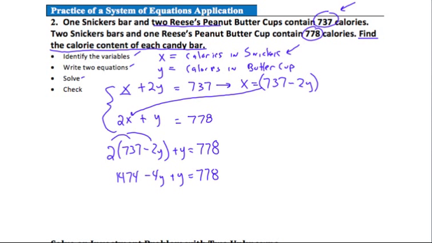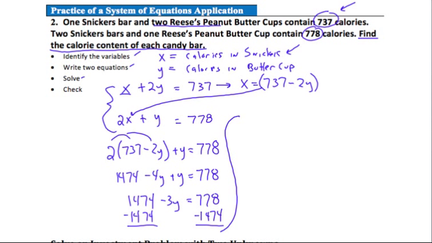Okay, combine our like terms here, the y terms. So then I'd have 1474 minus 3y equals 778. Now I'd subtract 1474 from each side. Let's come right up here to finish this. On the left side, I'd have negative 3y. On the right side, when I do that subtraction, I get negative 696. Divide both sides by negative 3.